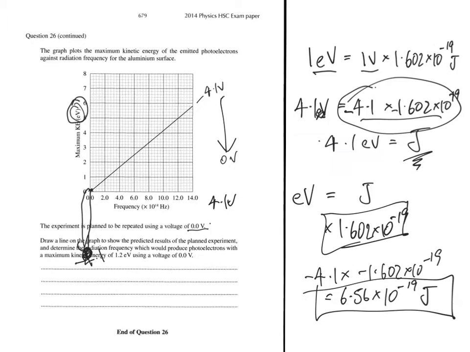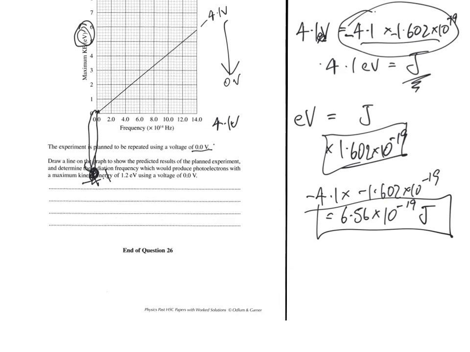Now this amount here is our E for our new experiment. But we want the frequency, so we can figure out where we're going to have an intercept for that frequency. In this bottom scale here, this will be the y-intercept.